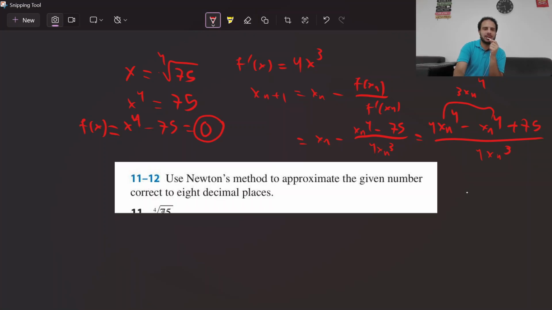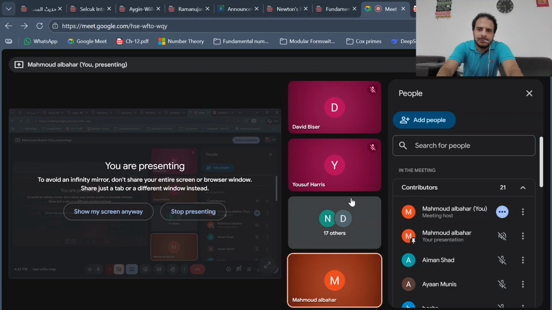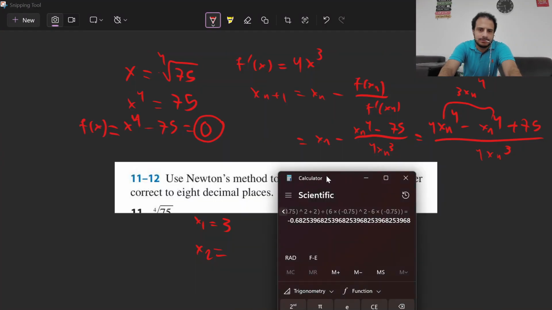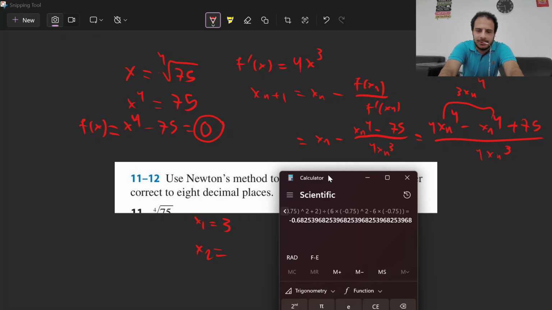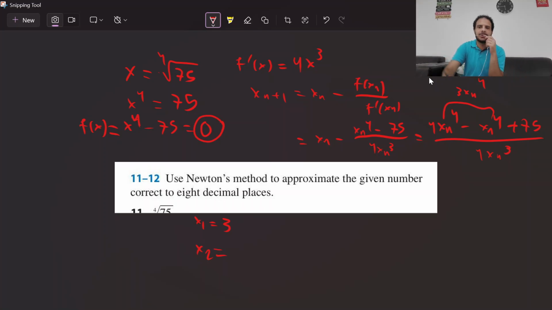Now let's start. So we have x1 equals 3, then x2 equals, we need to use the calculator. Remember, it equals (3x^4 + 75) over 4x^3.